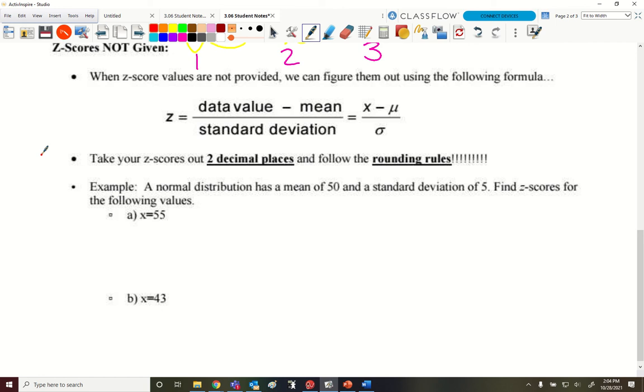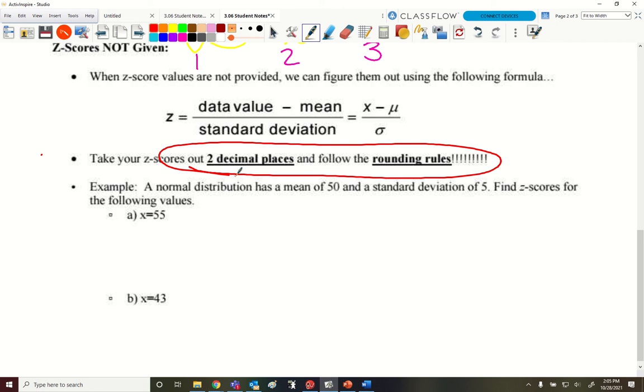Data value minus mean. So it's whatever x value they give you minus the mean, that's my mu, divided by standard deviation. Take your z-scores out to 2 decimal places, like all of our percentages.